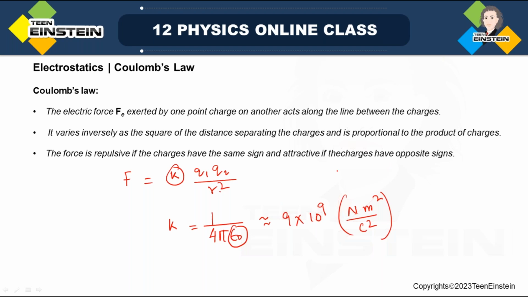See, we are talking about electric force between these two charges. Q1 and Q2 I have taken in vacuum. So there is only air, nothing else inside this.